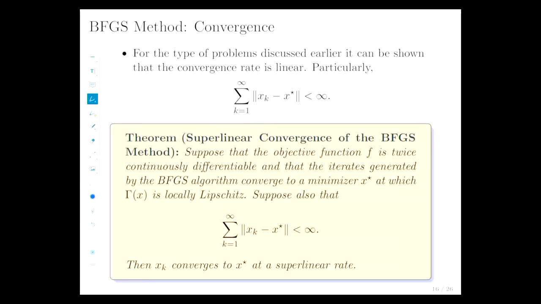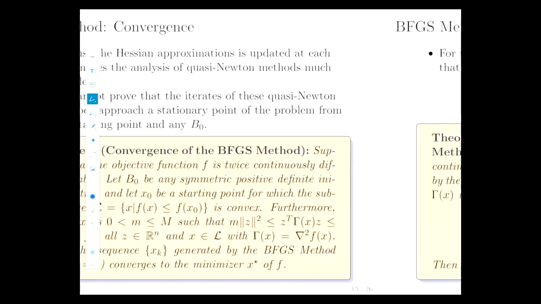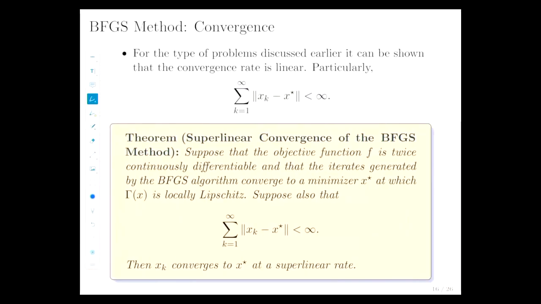And for this family of problems, with these properties, we can show that BFGS converges superlinearly fast. But we need extra assumptions.